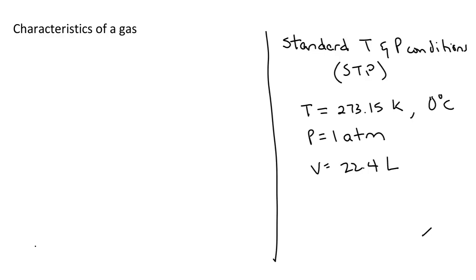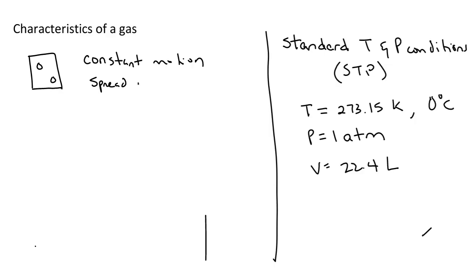So a gas, if I were to draw it in a container, particles are very spread out because they're in constant motion. They're always colliding with the container.